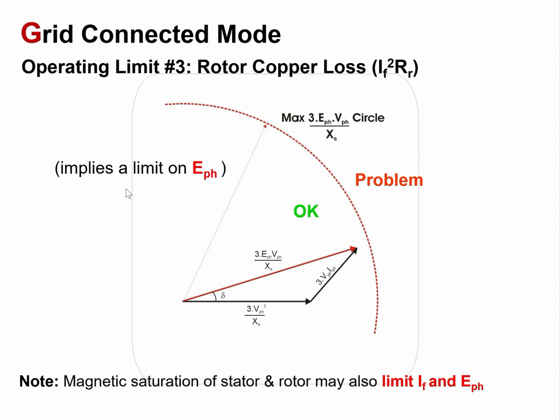And this happens when magnetic saturation of the stator and the rotor is reached, and this would limit the DC current that is connected to the rotor winding and the produced voltage. And due to these losses, there would be a problem on the operation of a grid-connected mode.